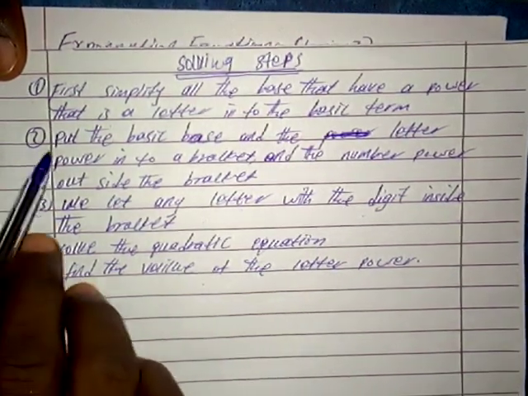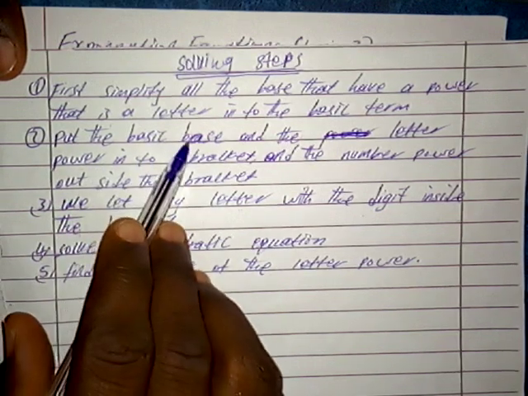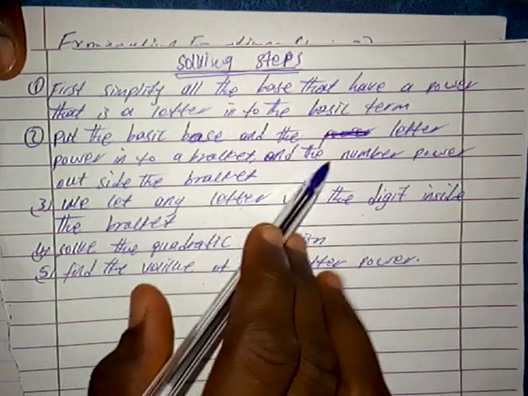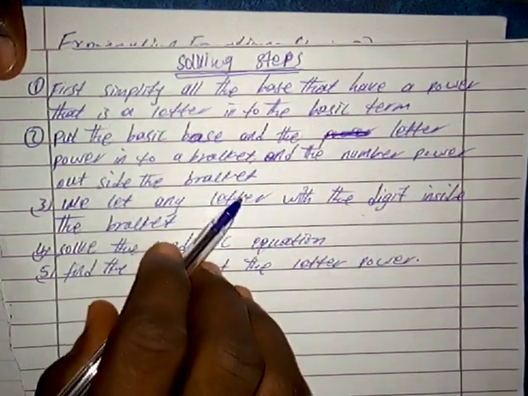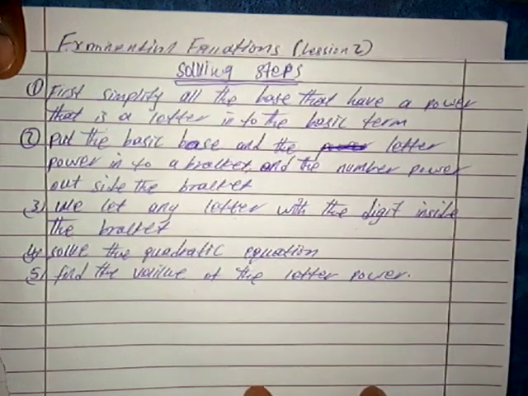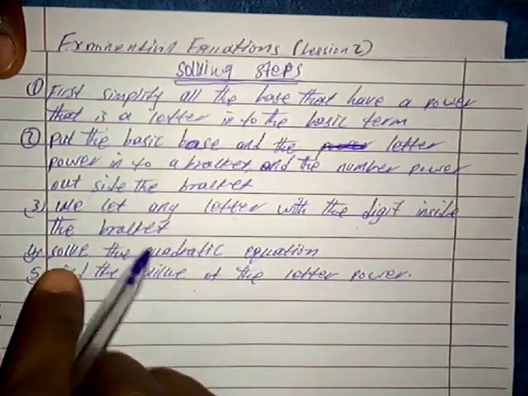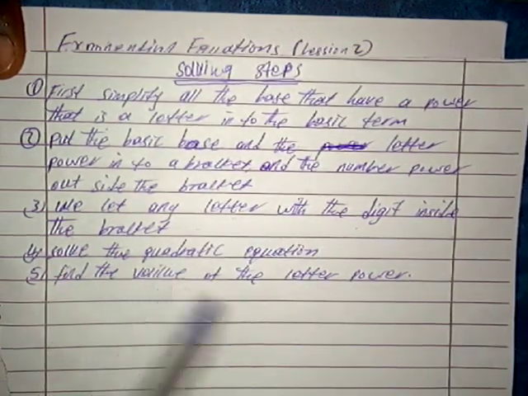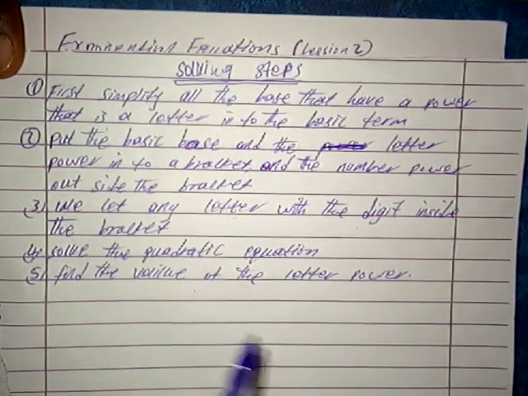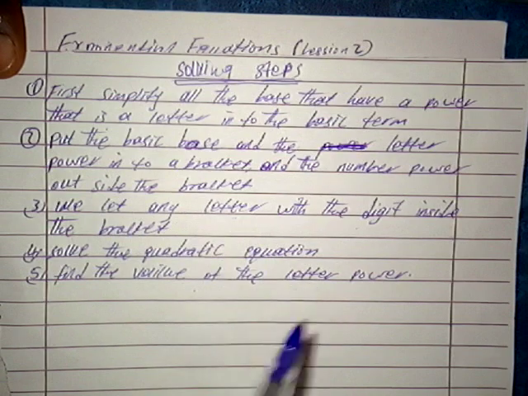The second step says, put the basic base and the lettered power into a bracket and the number power outside the bracket. It means the base that you have simplified into the basic term, put it into a bracket, including the power that is a letter, and the power that is a number outside the bracket.